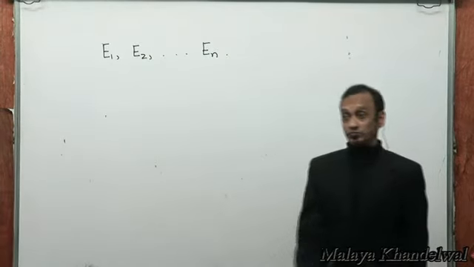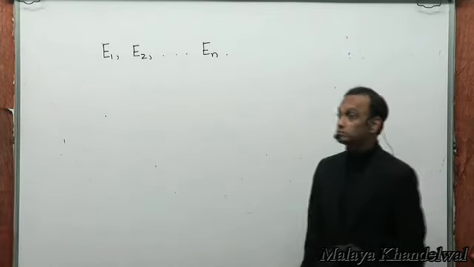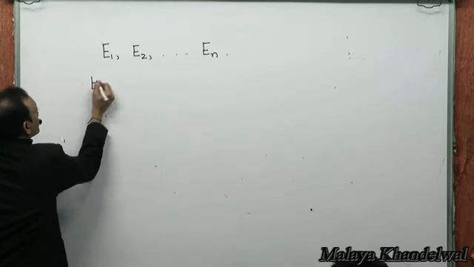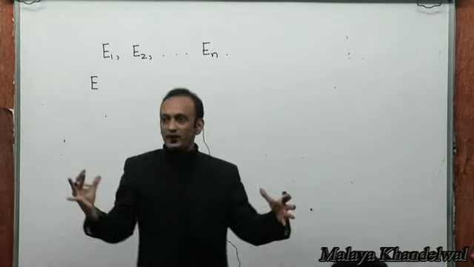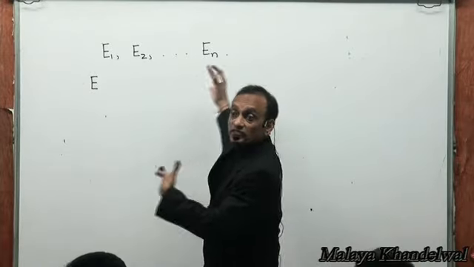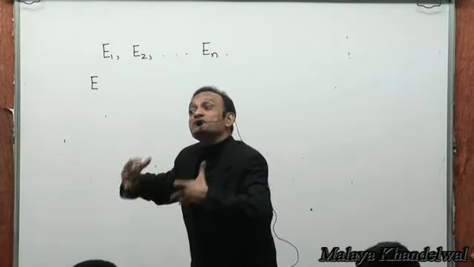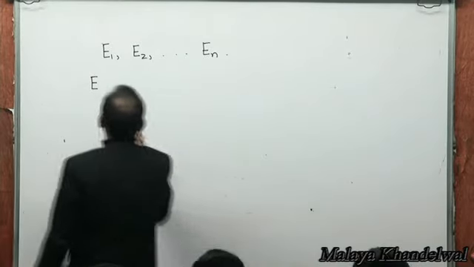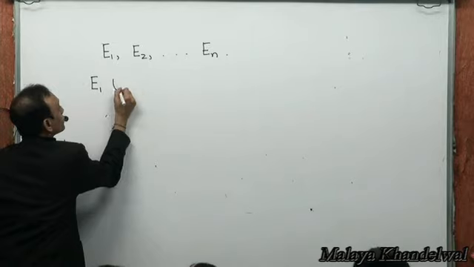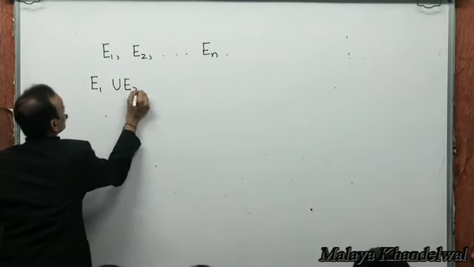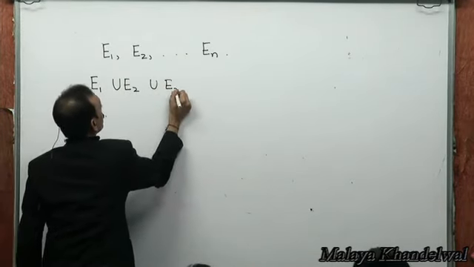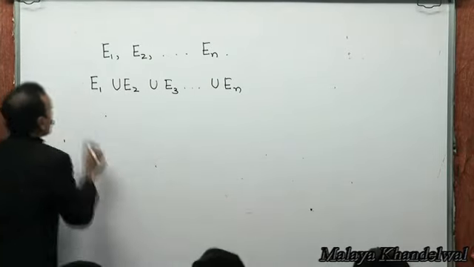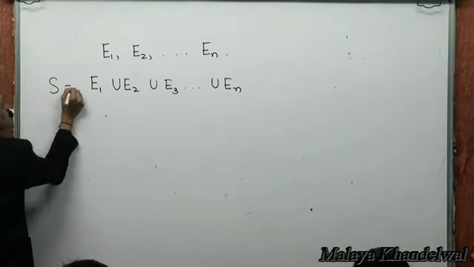I'm performing an experiment of which these are the various events. They could be subsets of the sample space. And if I find that E1 union E2 union E3 union En produces the sample space S.